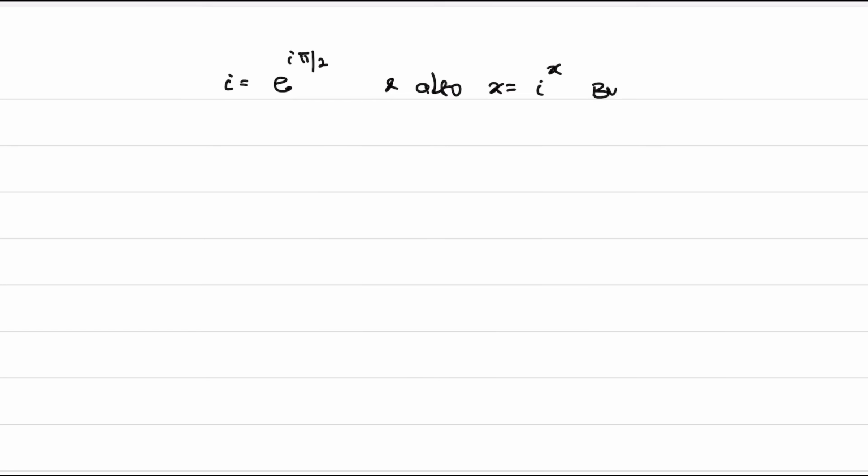By replacing I value, it represents x is equal to e to the power of I pi by 2 whole to the power of x.